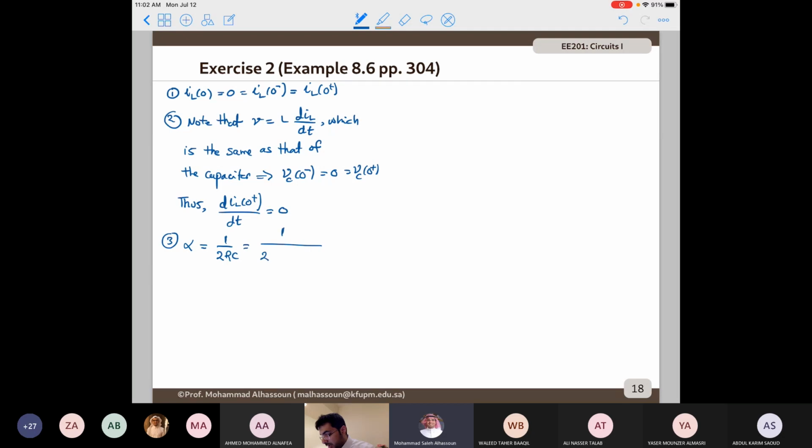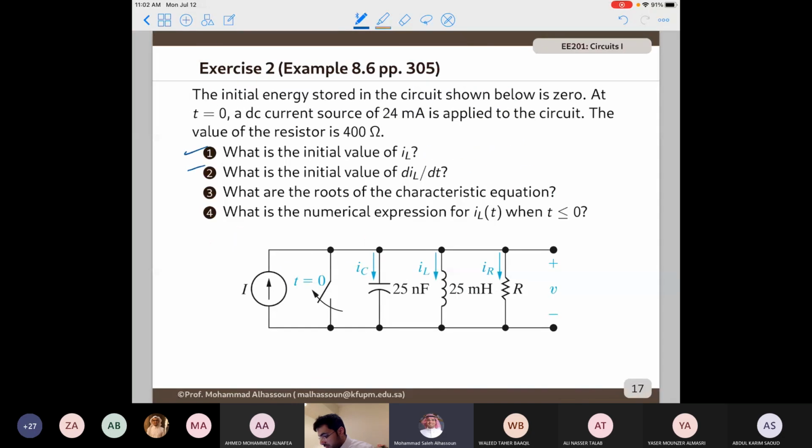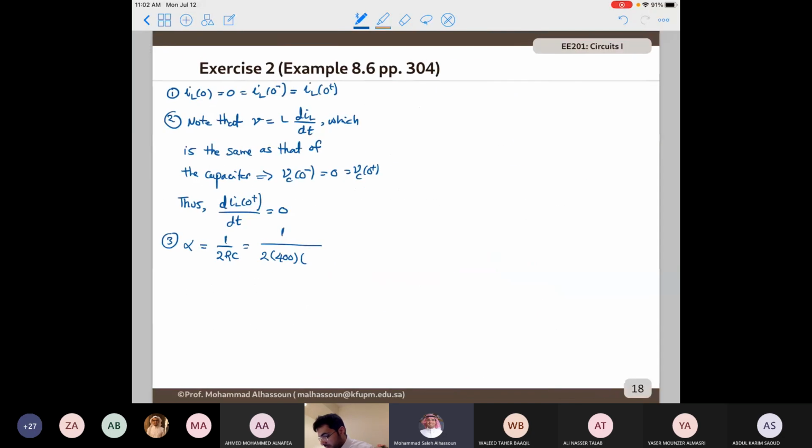Alpha is 1 over 2RC. R is given as 400, and C is 25 nano. This is going to give me 5 times 10 to the power 4 radians per second.